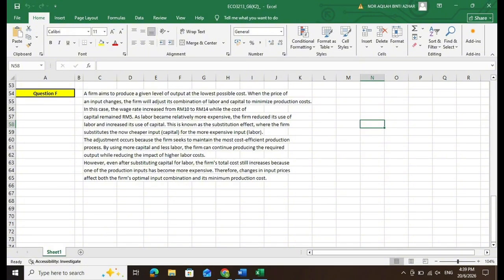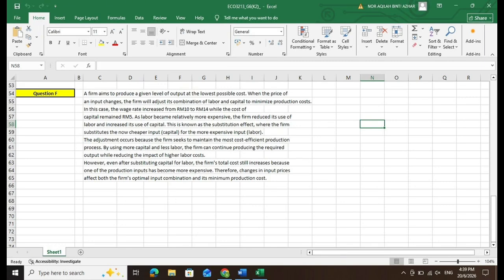Based on the solver result, labor decreased from 106.97 units to 93.47 units, while capital increased from 142.59 units to 174.55 units.